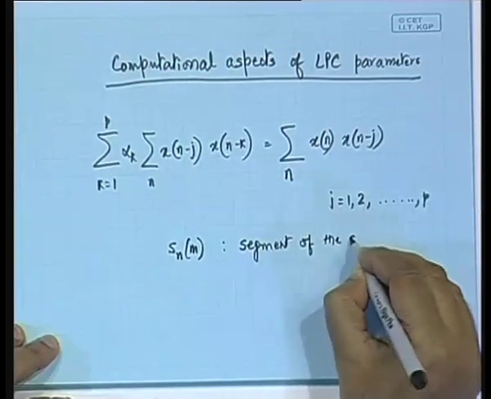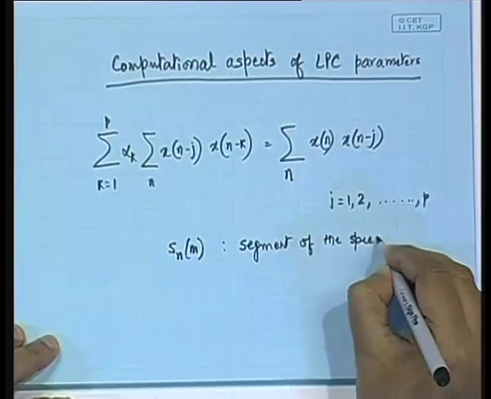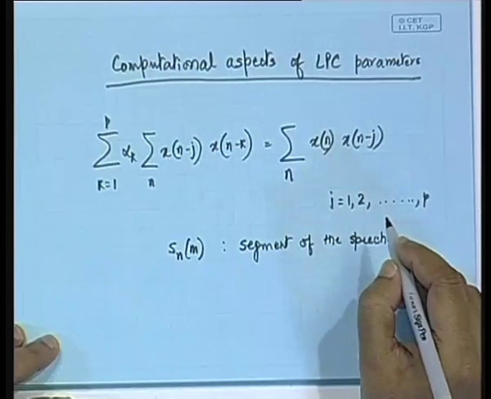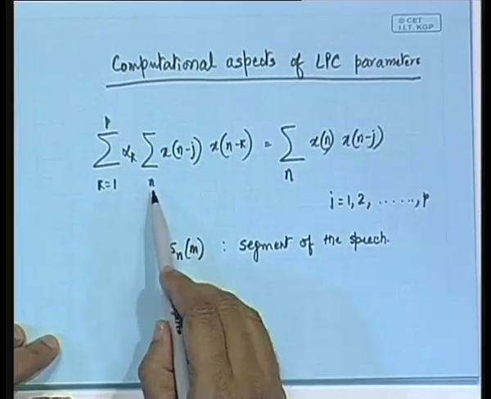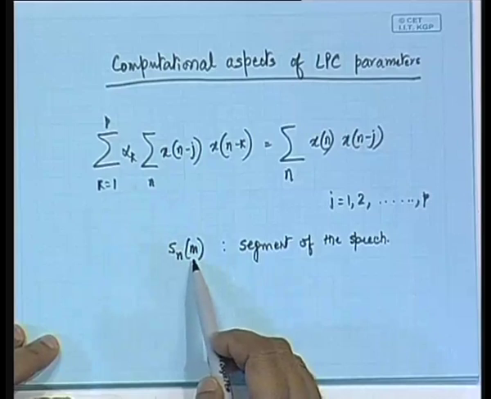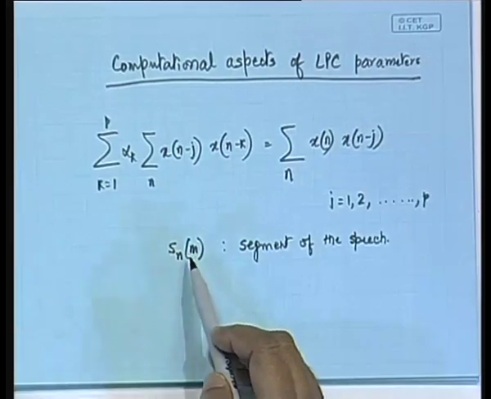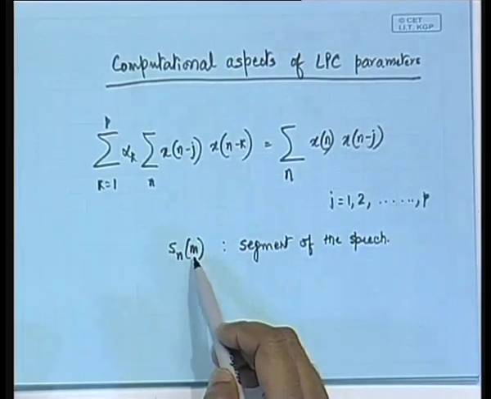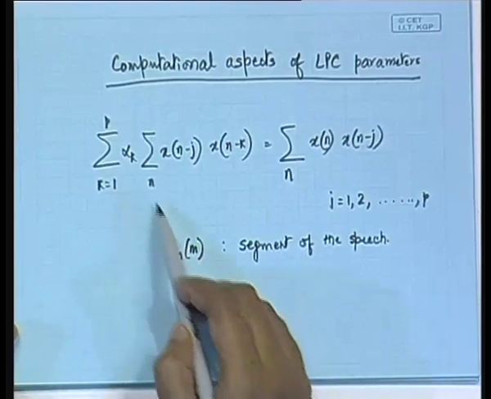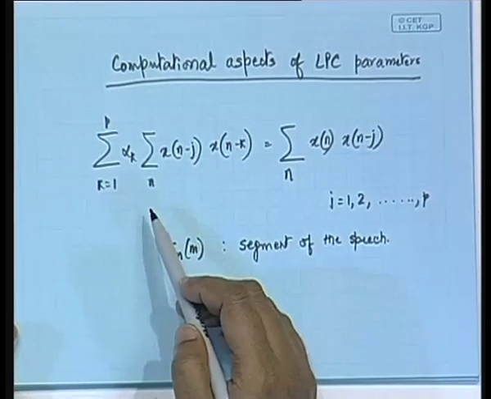So, we are going to have some change of notation. Instead of writing n, we should write m, because the n notation we are reserving for defining where the segment starts. The index of summation, instead of n, we will write as m.